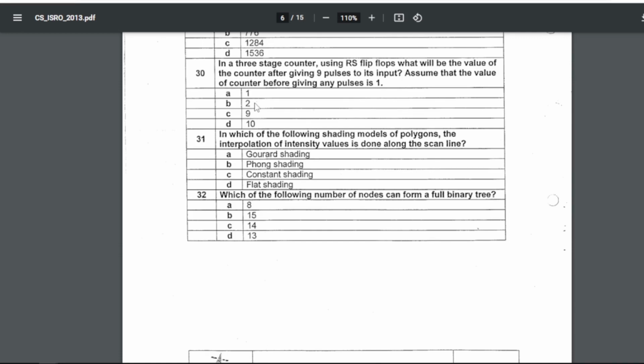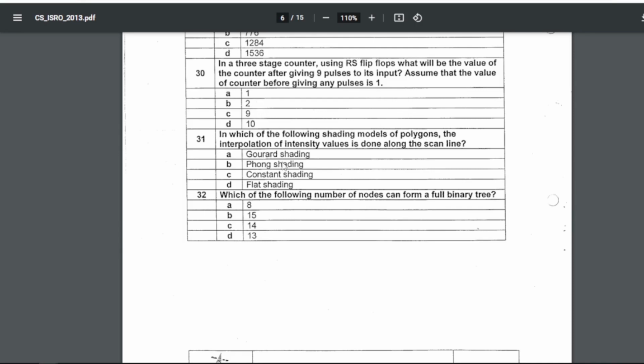Because in this 3-stage counter using RS flip-flop, the value of the counter will return to the initial state after 8 pulses, and on the 9th pulse the counter state will be incremented by 1. So the initial value of the counter will be 1, then after 8 pulses it will go up from 1 to 7, then start from 0, 1 again, right? Then after the 9th pulse it will go from 1 to 2. So this way you will get the answer as 2.